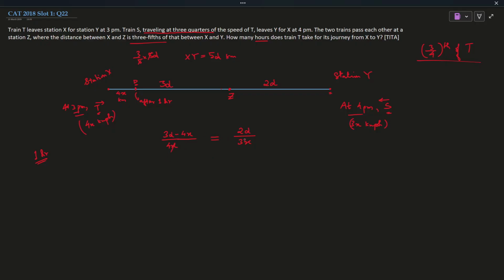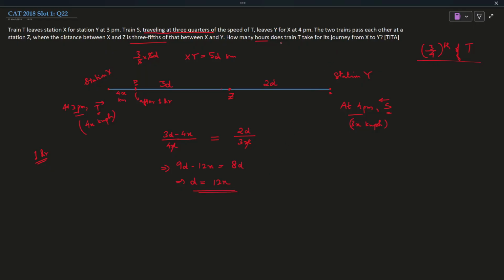From here I can cancel x and x. I will have 9d minus 12x equal to 8d. From here I will have d equal to 12x.